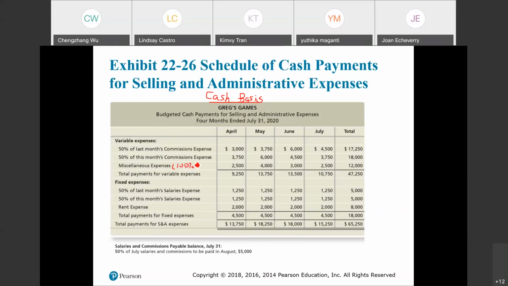So this amount is 100%. Well, I believe this is a straightforward part. Any questions? You can type in your question in the chat box.